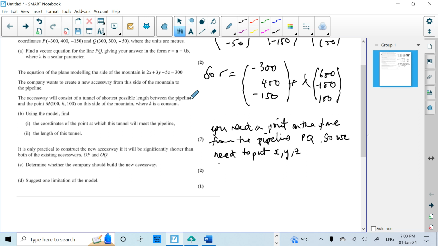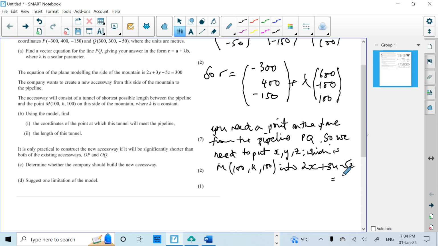So we need an X, Y and Z, which is what M is. M, which is 100, K and 100, and we're going to substitute that into 2x plus 3y minus 5z is equal to 300.